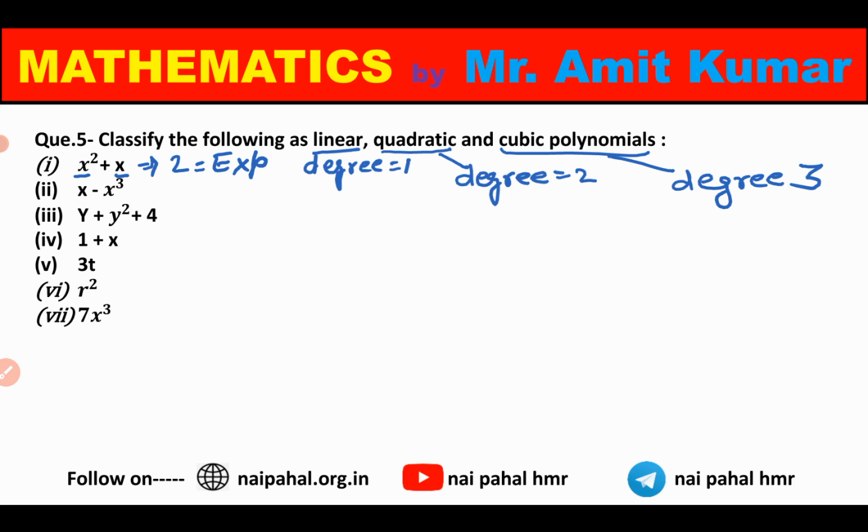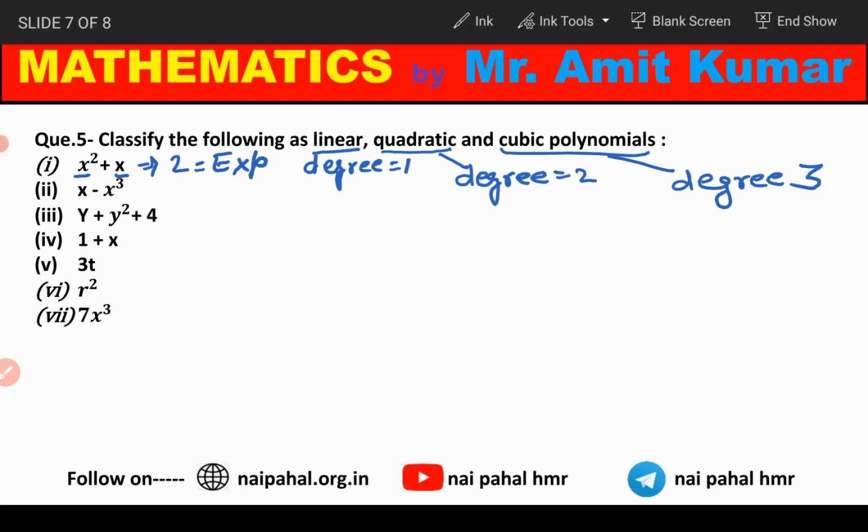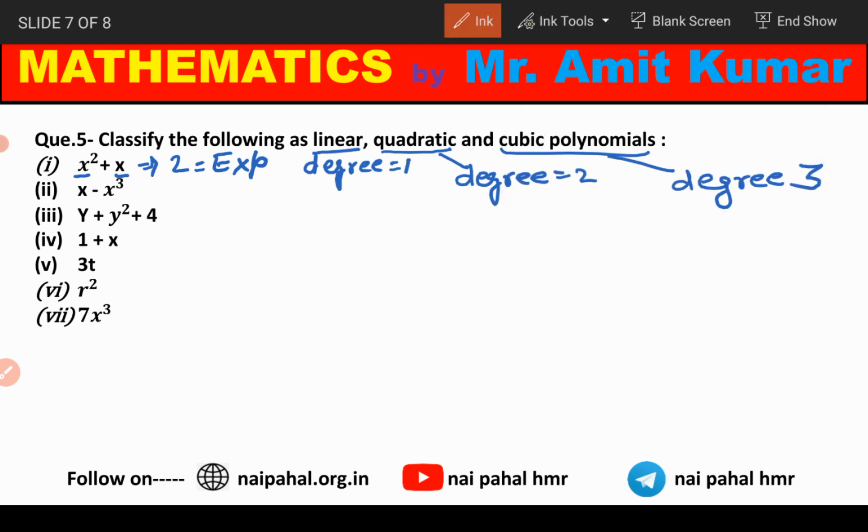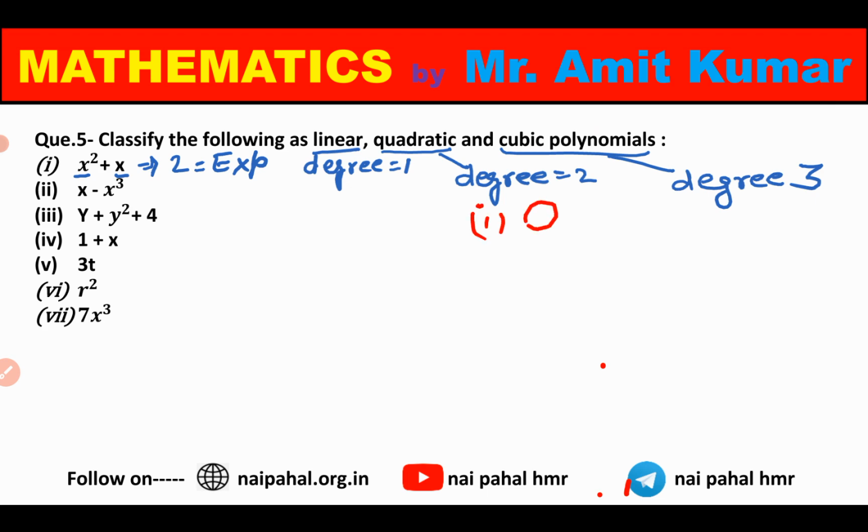If the exponent is 2, then you can write which type of polynomial it is. This is a quadratic polynomial. The first part is quadratic. For the second part, where we have 1 and here 3, which is the highest? That is 3.